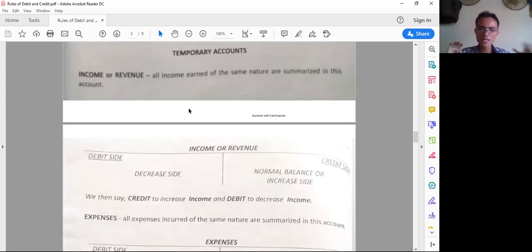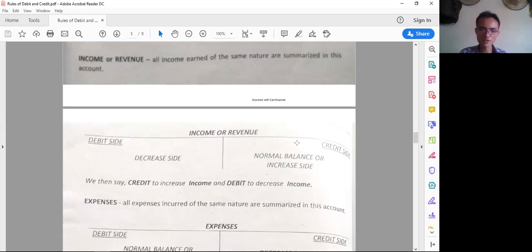Okay, so if we can notice, I kept on repeating the same items, guys, because I am assuming that my audience would be first timers or reviewers. So if you find this annoying, I would suggest that you just have to take it as it is. Okay. So income or revenue would have normal balance of credit.